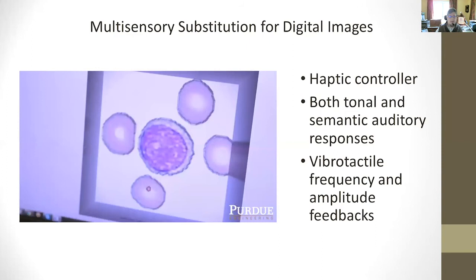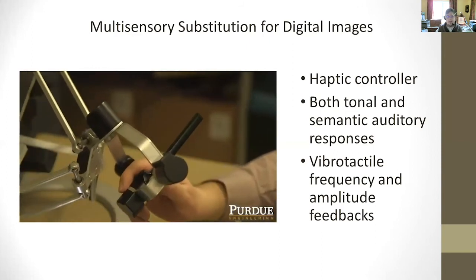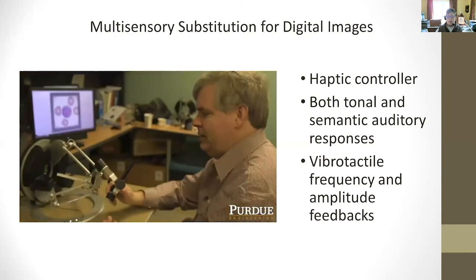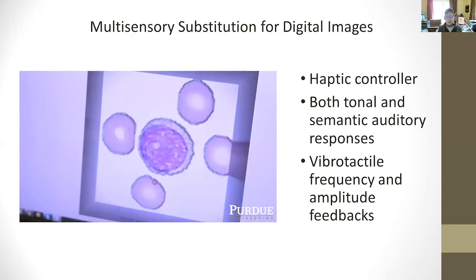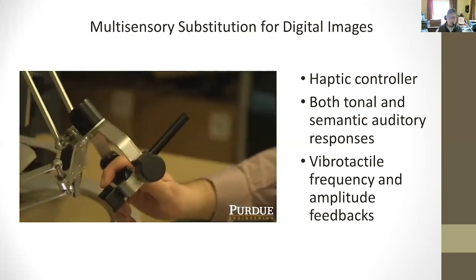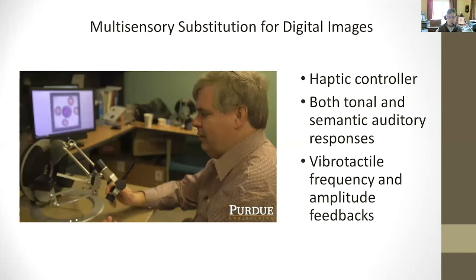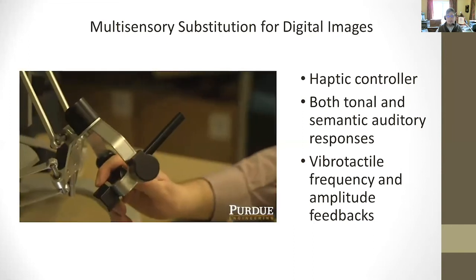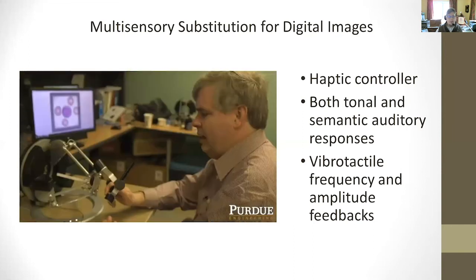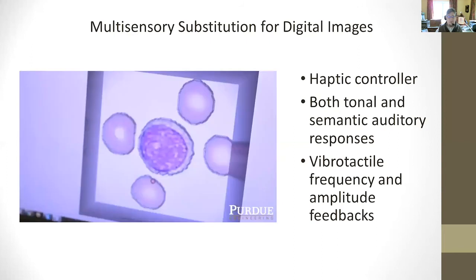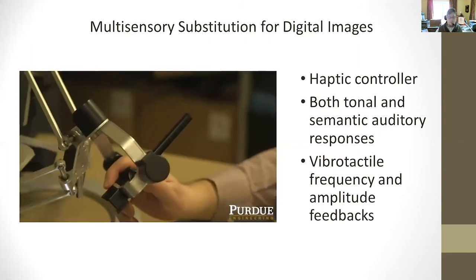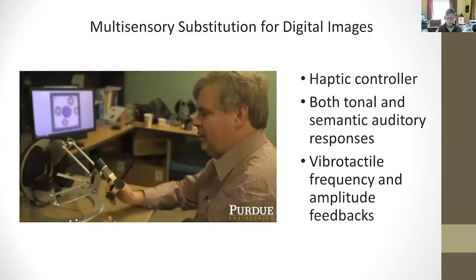They're getting force feedback from the haptics as well as auditory responses and different vibrotactile responses through tactors. This system is very good at allowing someone who is blind to perceive an image.